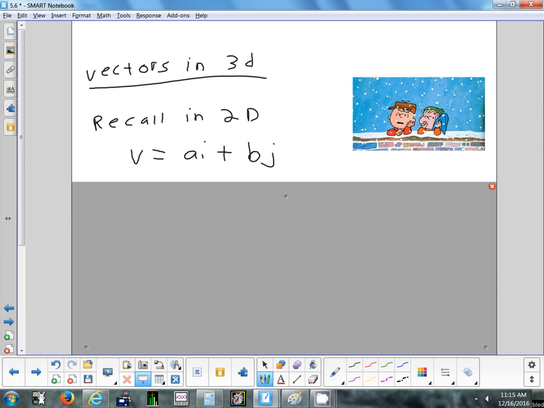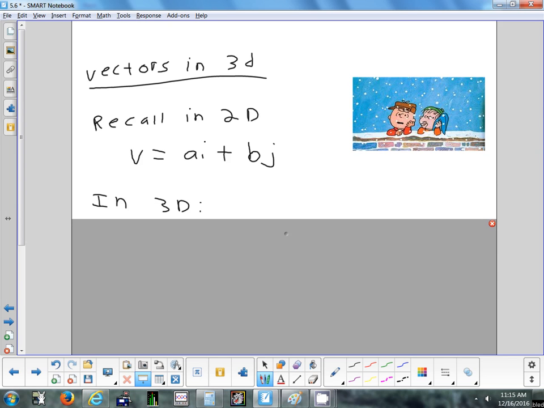So 3I plus 6J. But now in 3D, we need one more unit vector. I allows us to move left and right. J gives you the vertical, the up and the down. What do you think the new unit vector I'm going to use is? K. Just to make it clear, I'll bold those, because those are vectors.